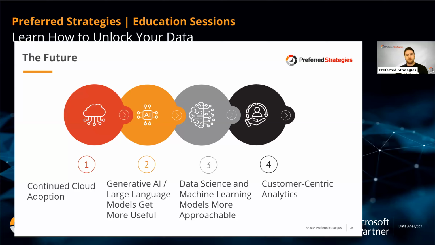And then I think also another big trend will be, you know, in today's world customers expect personalized experiences that are tailored to their preferences, behaviors and particular needs. And I think customer-centric analytics is really going to be the key way that businesses deliver these tailored experiences by figuring out how they can understand each customer on a deeper level.